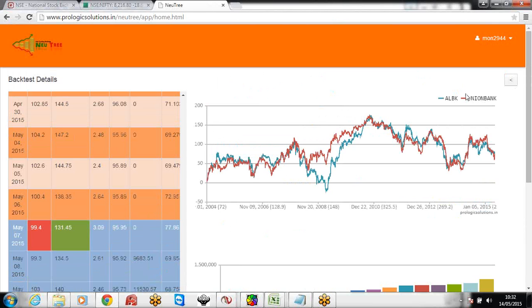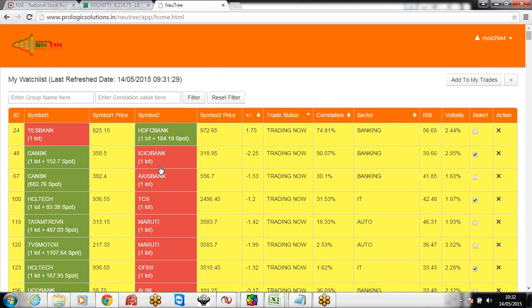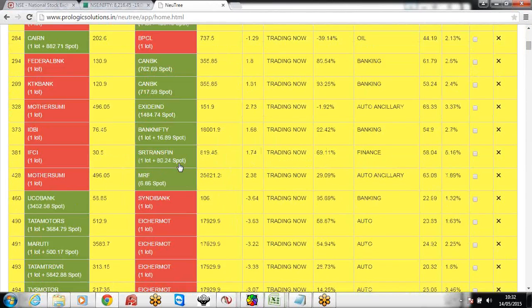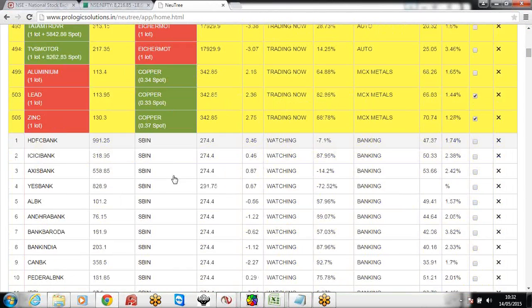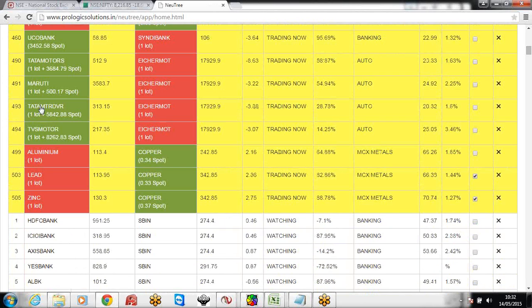All the scripts with Union Bank have closed, and all the pairs that were with Union Bank were buy in all the trades. I will just show you that.